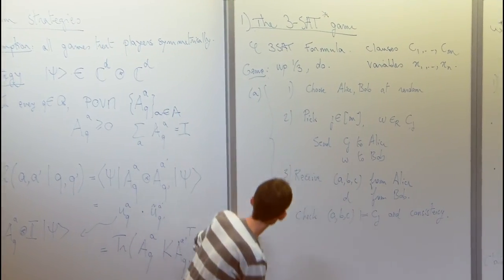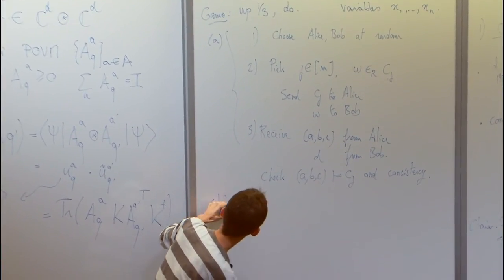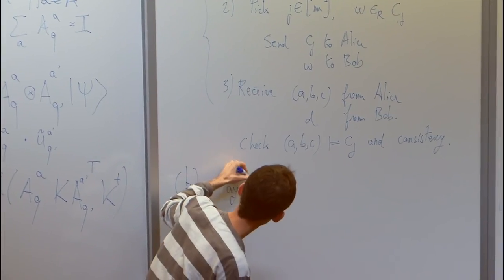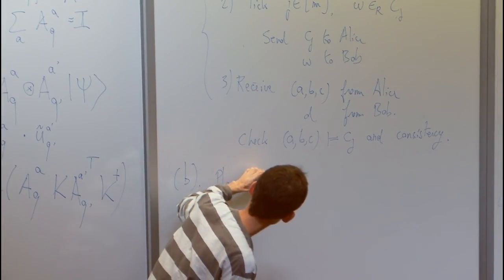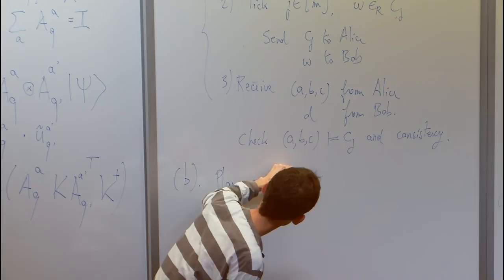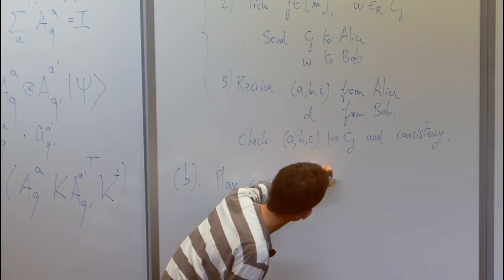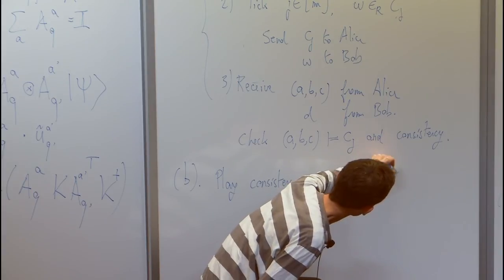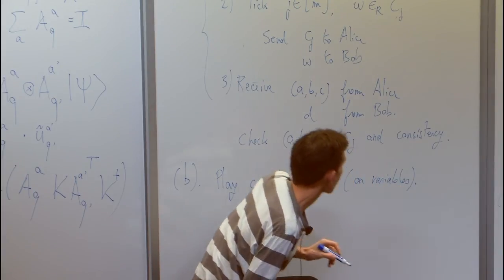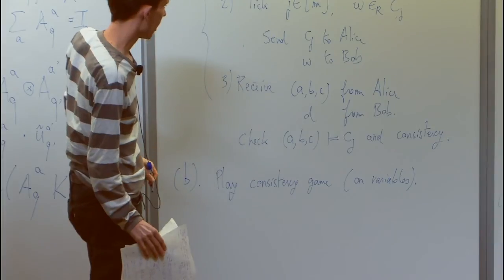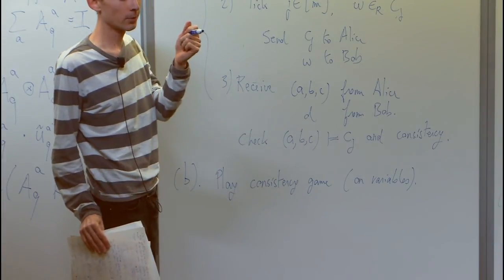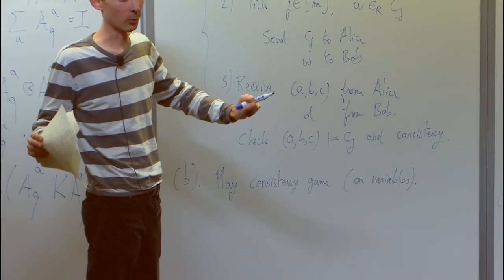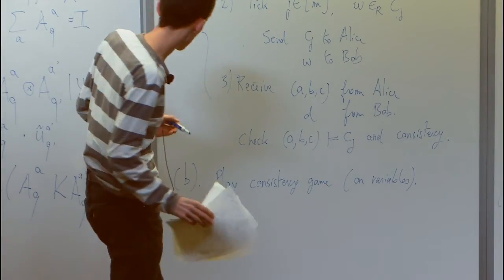B, I'm going to play the consistency game on the variables, not the clauses. We only care about Bob. So I choose just one variable at random, send it to both guys, and ask them what value they assign to that variable, and I check that the answers are the same.